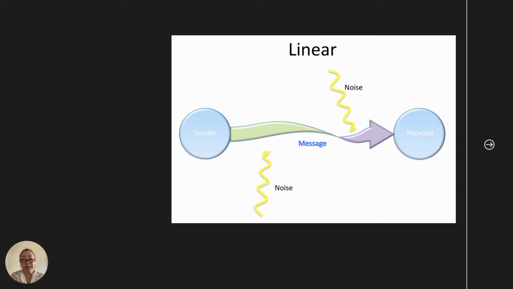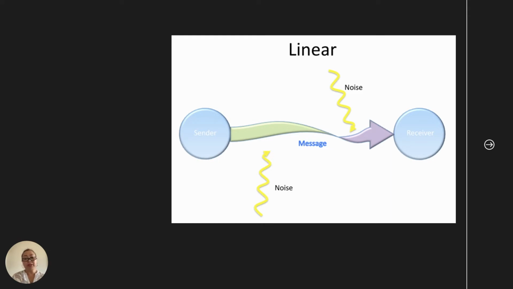More specifically, the sender is the source of the message. A message may consist of the sounds, words, or behaviors in a communication interaction. The message itself is transmitted through a channel, the pathway or route for communication, to a receiver, who is the target or recipient of the message.